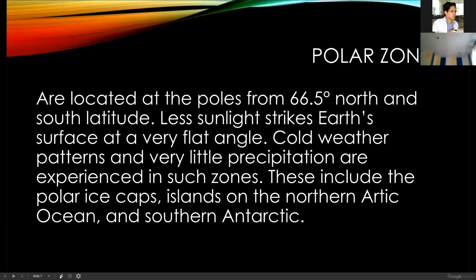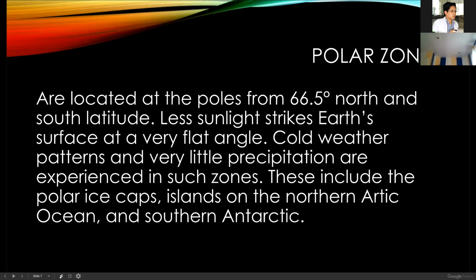The polar regions, or polar zones, are located at the poles, from 66.5 degrees north and south latitude. Less sunlight strikes Earth's surface at a very flat angle. This is really flat. Cold weather patterns and very little precipitation are experienced in such zones.